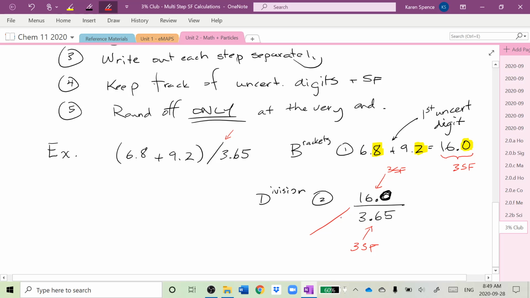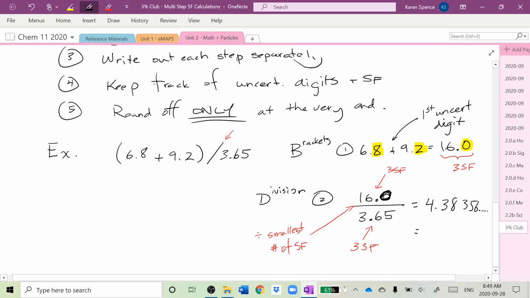And remember that this number here has 3 sig figs, and this number here has 3 sig figs, because when we do a division, we go to the smallest number of sig figs. And in this case, we have 3 sig figs and 3 sig figs, so our answer should have 3 sig figs. So we can plug that into our calculator. We get 4.38356, blah, blah, blah, blah. You get a whole bunch of digits after that.